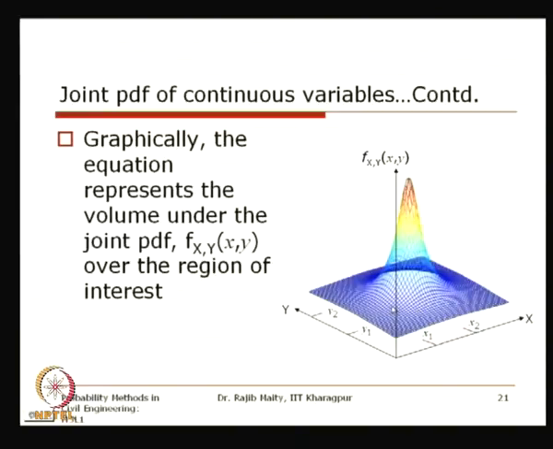Over that, the volume below the surface, earlier for the single random variable we talked about the area below the curve, now the volume below the surface, gives the joint cumulative probability of the event that x is between x1 and x2 and y is between y1 and y2.